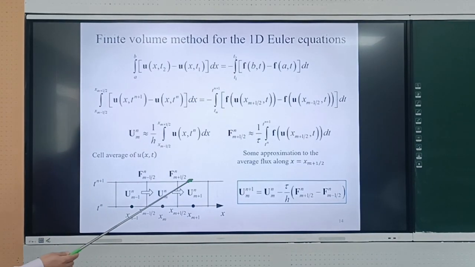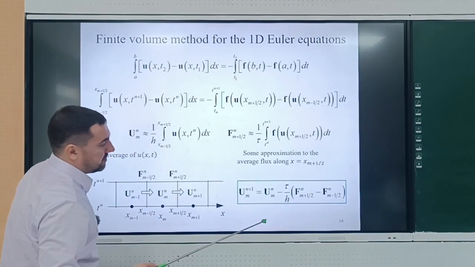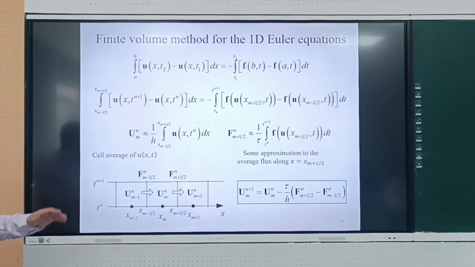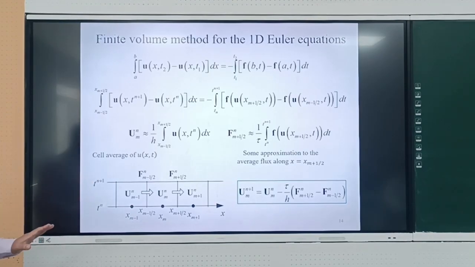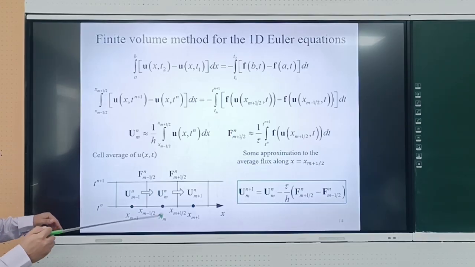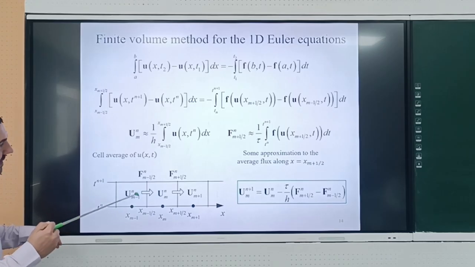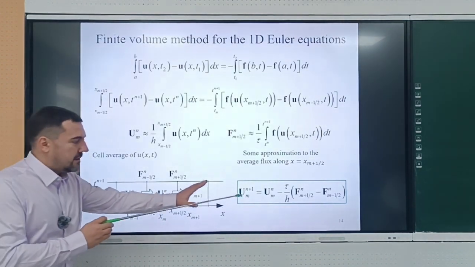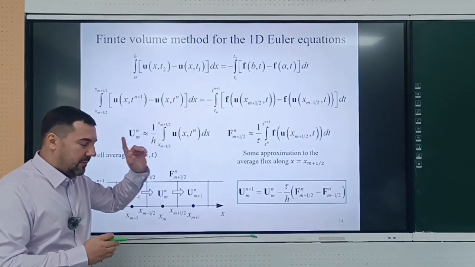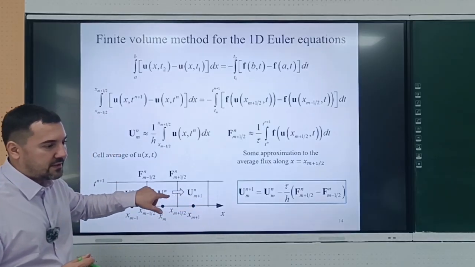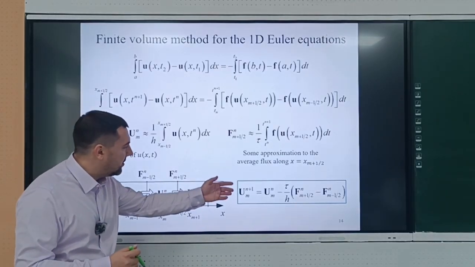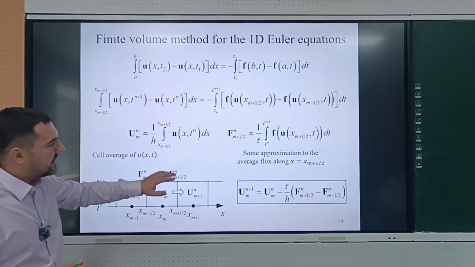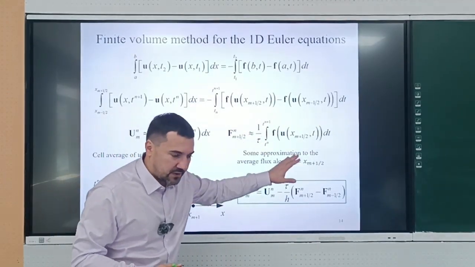And this way, we obtain this formula, that looks just the same as for the linear advection equation, but strictly speaking, it should be obtained by averaging in time and over the volume of our computational cell. Although the final result is almost the same, you should keep in mind that here U is not just the grid function in the center of your computational cell. Strictly speaking, U is the cell average function, and F is an approximation to this flux.